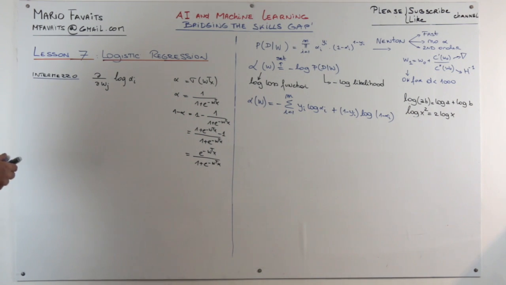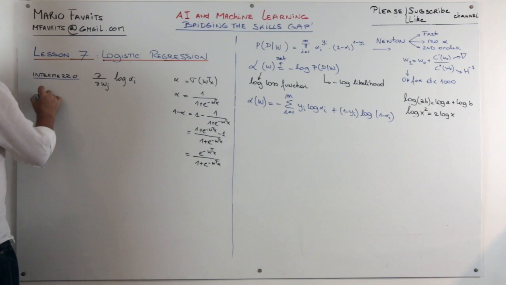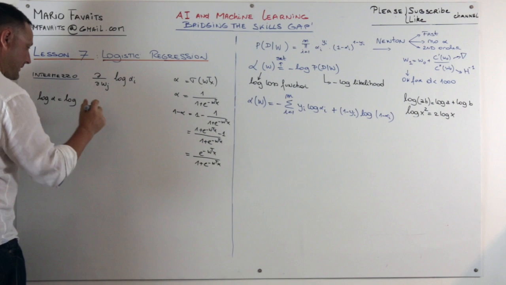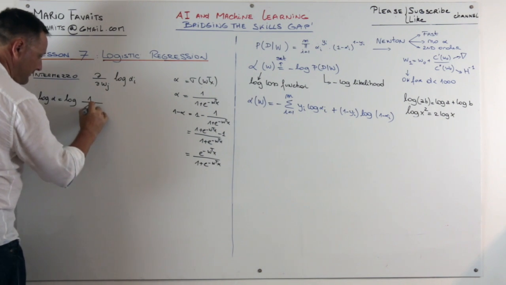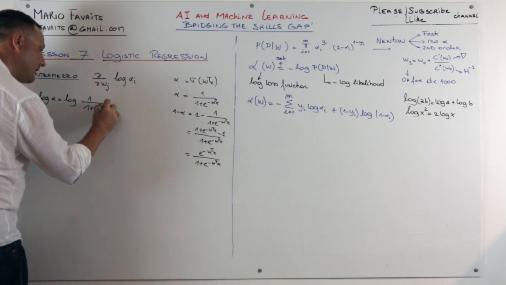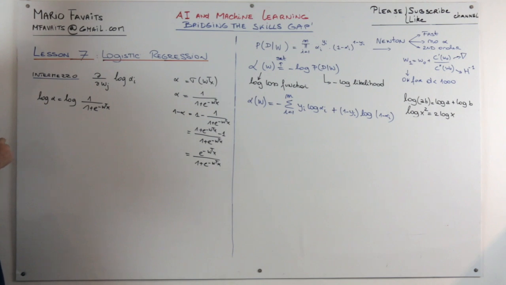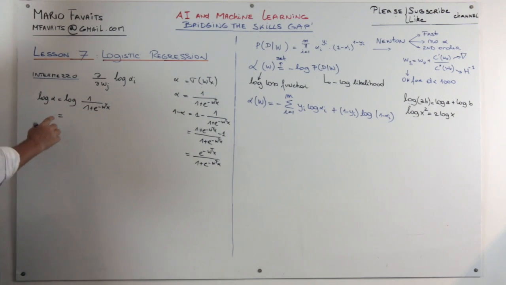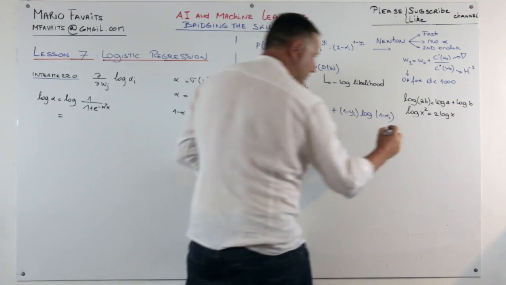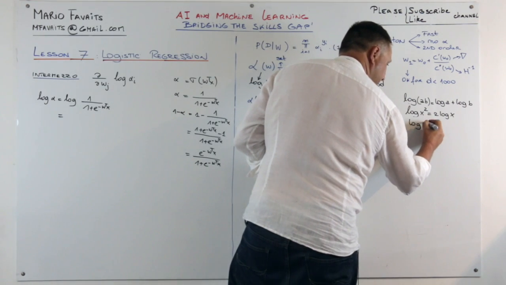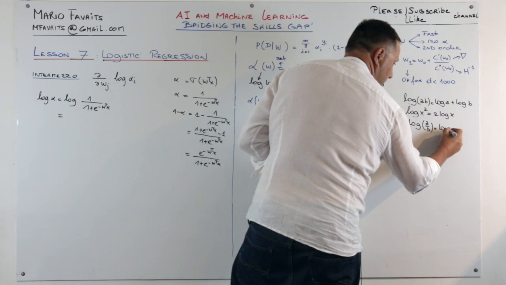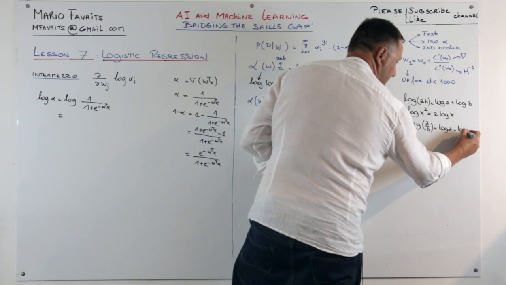in a short while. So let us now calculate the log of alpha, which equals the log of this function, right? The log of 1 divided by 1 plus e to the minus w transpose x. And that equals, the log of a divided by b equals log of a minus log of b.